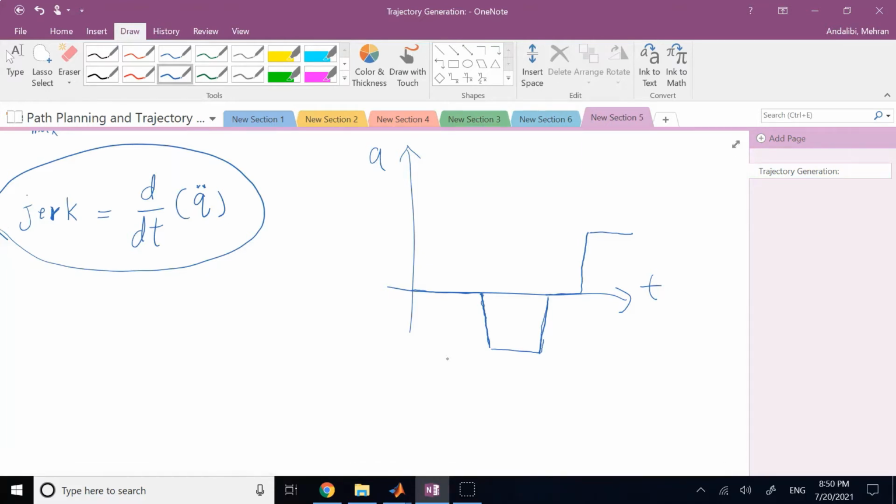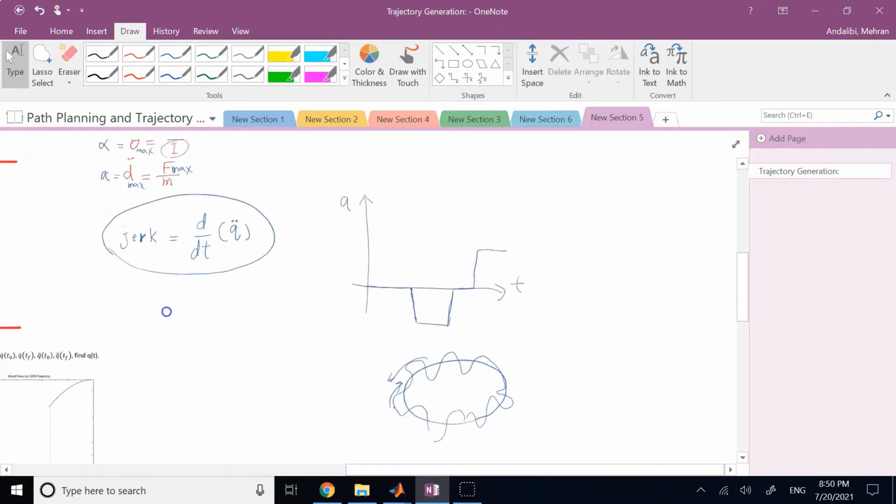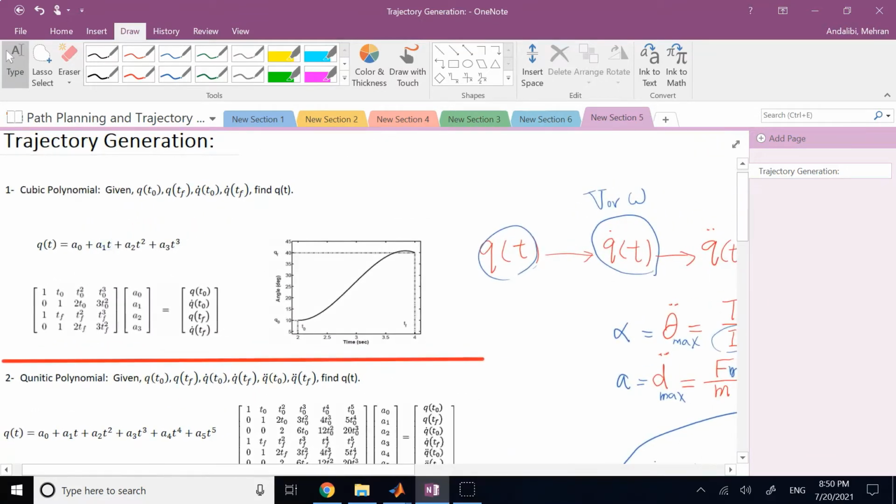Or when you go on rides in a theme park, when a merry-go-round is rotating this way, and all of a sudden it stops and switches the direction of rotation. Some of these rides also go up and down while rotating, and those changes in acceleration, or changes in force, will cause the jerk in the motion. So I just wanted you to know about this idea of jerk because it is important to us.